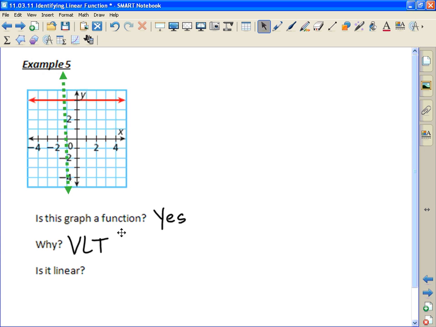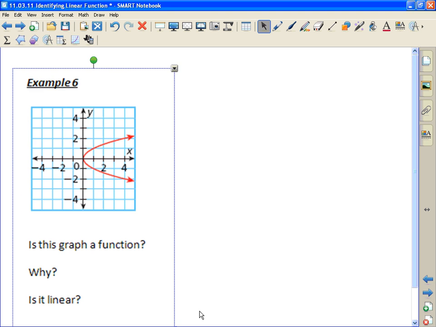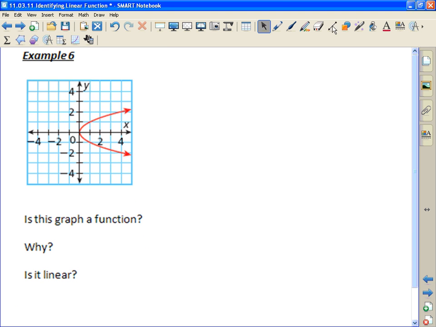It's a line, so yes, it's linear. Then on example 6, when I draw my vertical line, I can make it touch twice, right there. So this one is not a function, and the reason is it touches the graph twice.